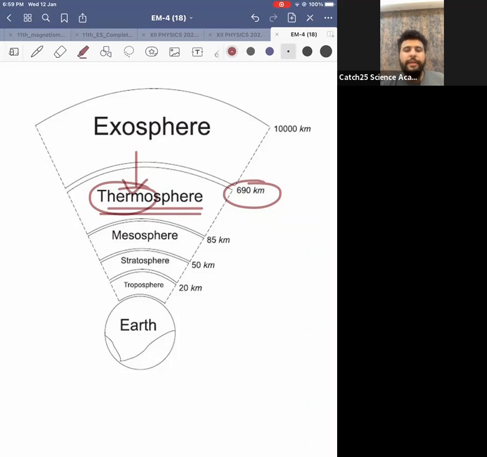Write down the second point under thermosphere: this layer contains high temperature region.